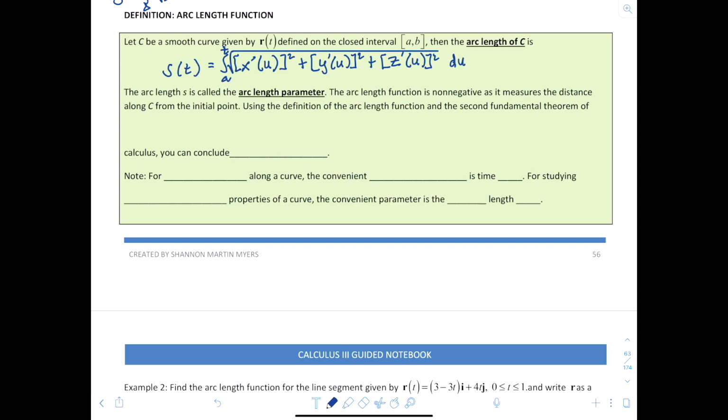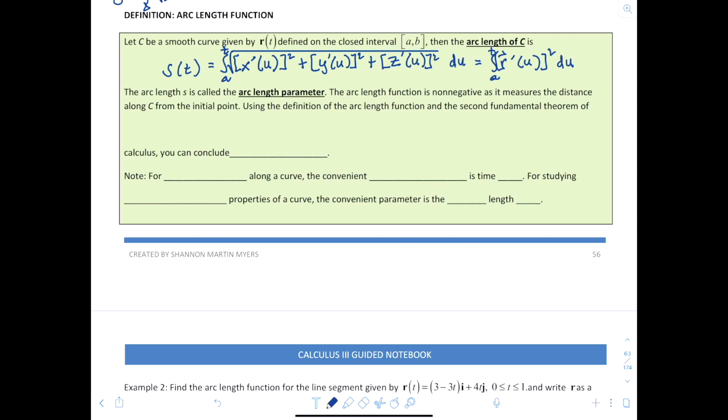And that, of course, is also equivalent to the integral from a to t of the magnitude of r prime at u du.